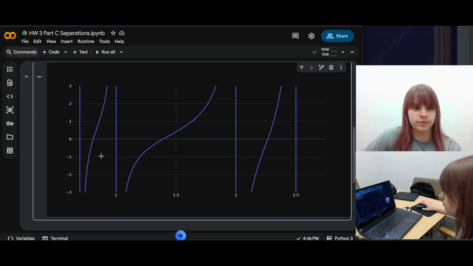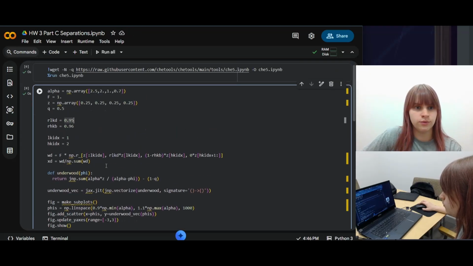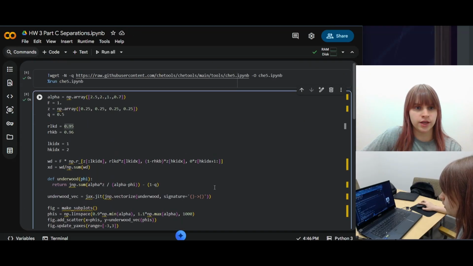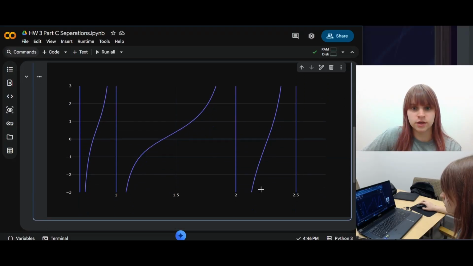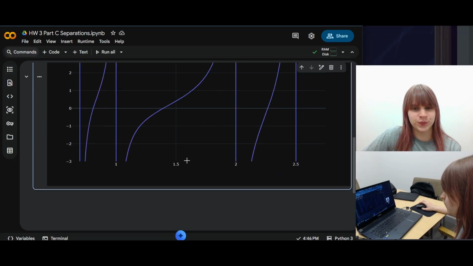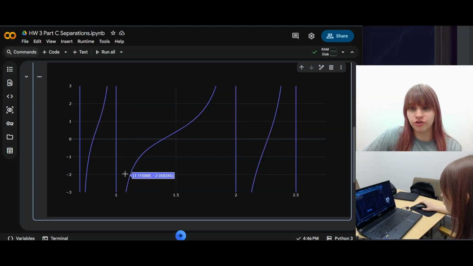So we have one at 0.7, 1, 2, and 2.5, so that looks right. And these phi's over here, we're going to ignore because we are paying attention to the light key, which is 2, and the heavy key, which is 1. So we're looking at this line here.